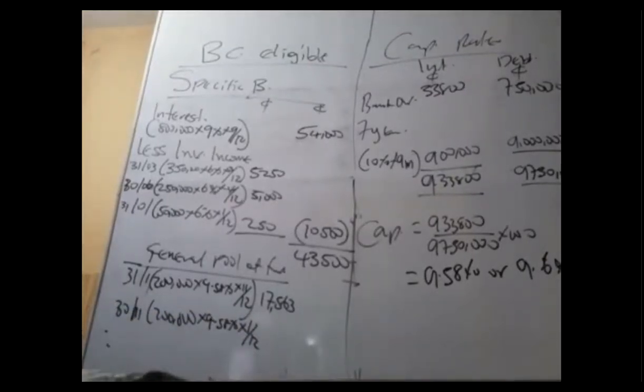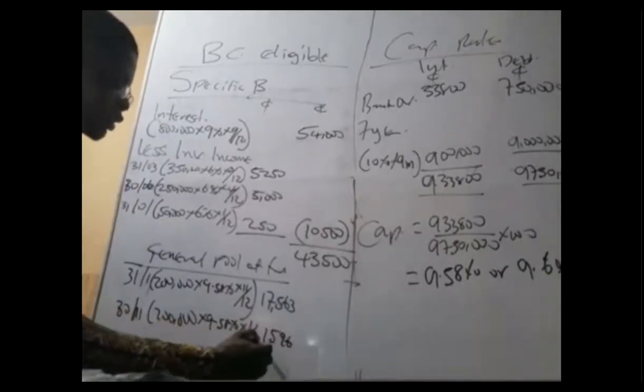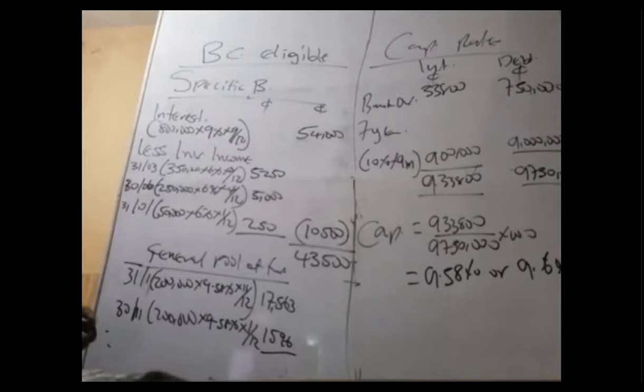And that one will give us something like 200,000 divided by 12 times 0.0958. In fact 1,596, right? So 1,596. Put all of this together and get a total for that of the general pool of fund.